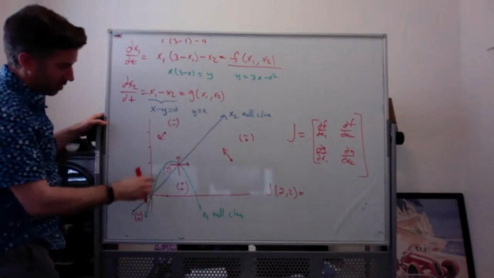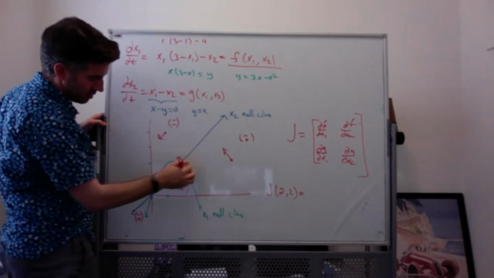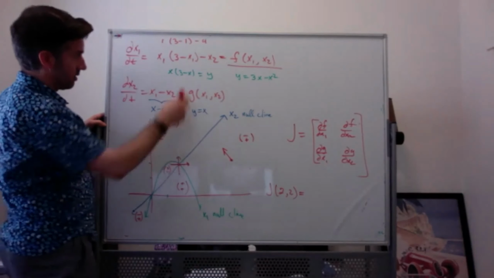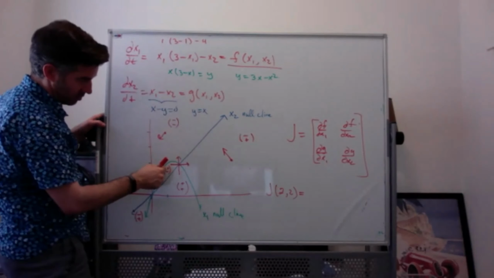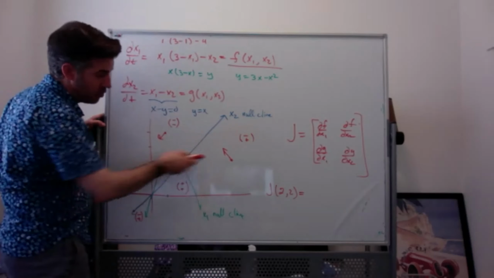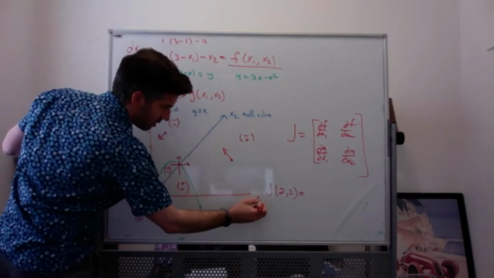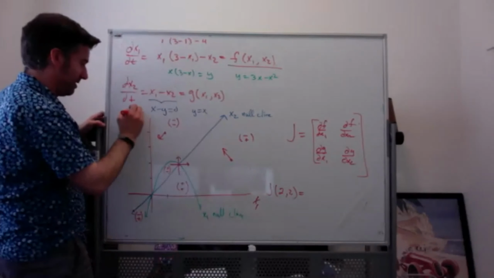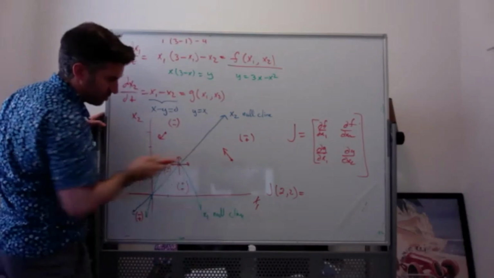So when I go from left to right, f, the top thing, goes from being positive to being negative. I'm moving in the x1 direction.